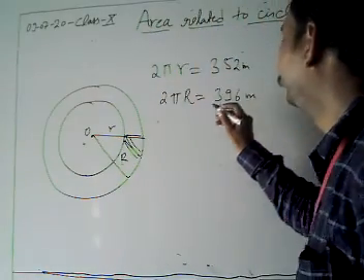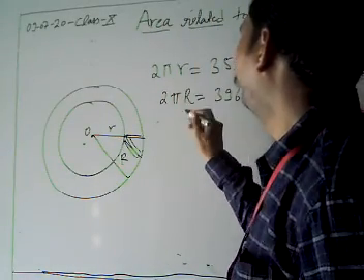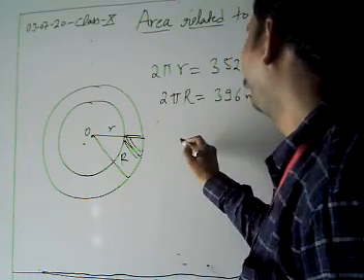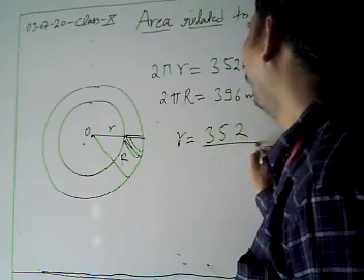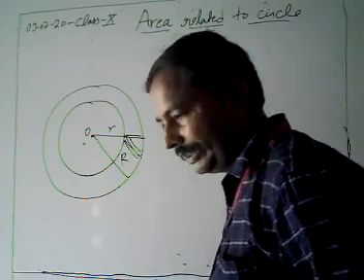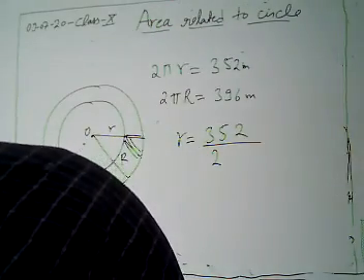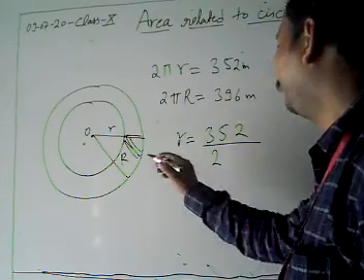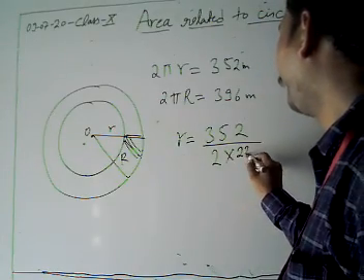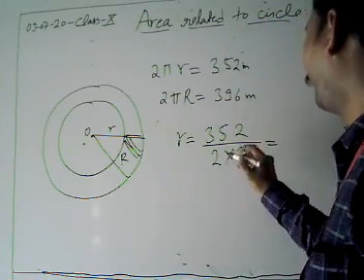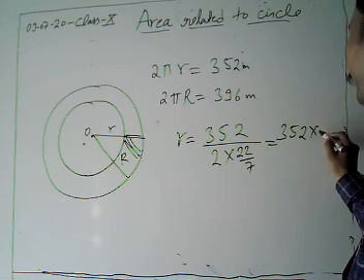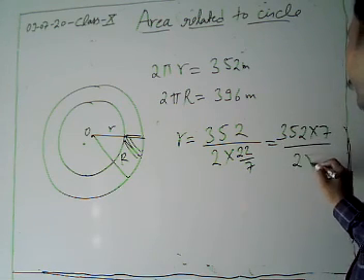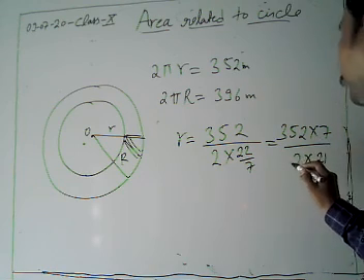From here, we have 2 pi r equals 352. Then what is our small r? 352 divided by 2 pi. It's not given, so we take pi as 22 by 7. So r equals 352 into 7 upon 2 into 22.